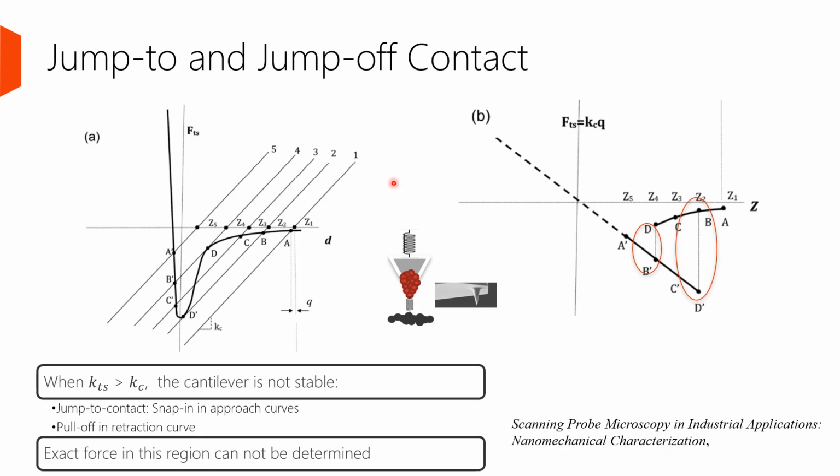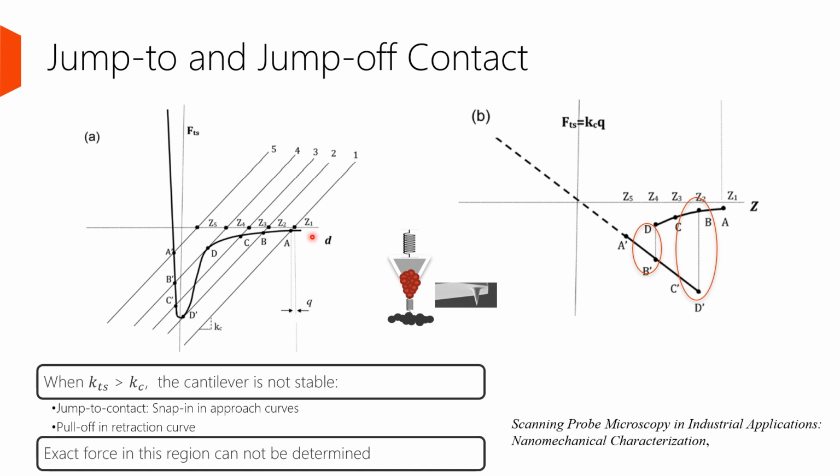The two-spring-in-series system has some interesting effects on the FD curve. So if we plot an FD curve, the force gradient is basically the slope of this curve. So we can see that it's a function of D. We can also plot the spring constant of the cantilever, and the spring constant is a constant.